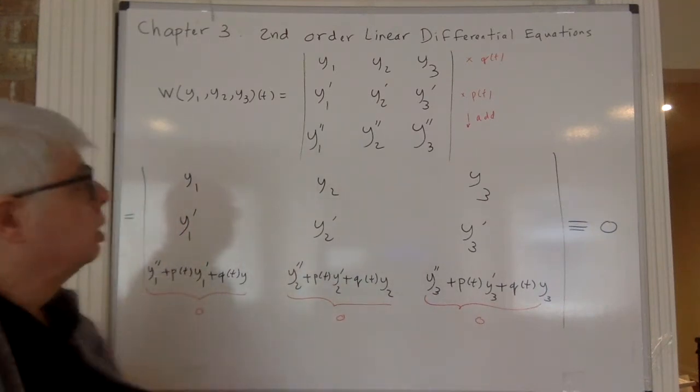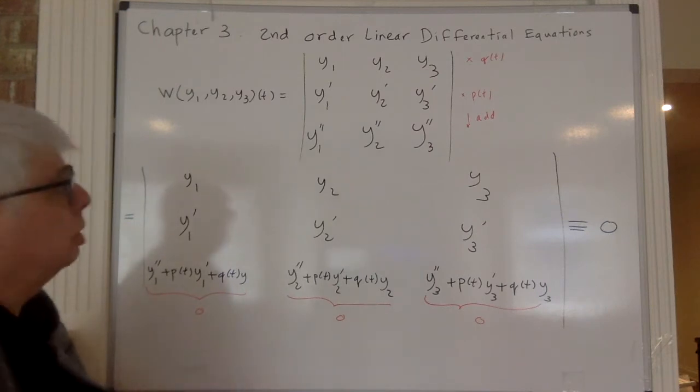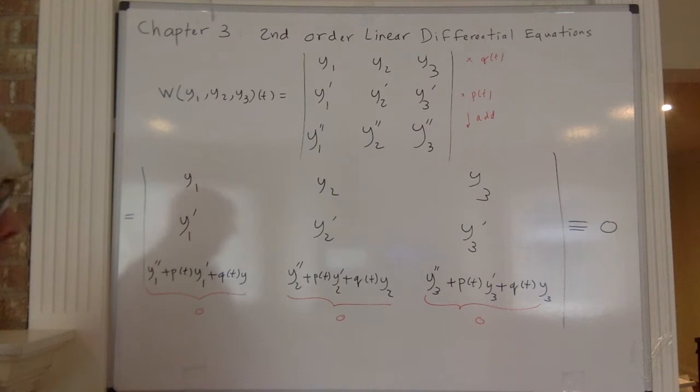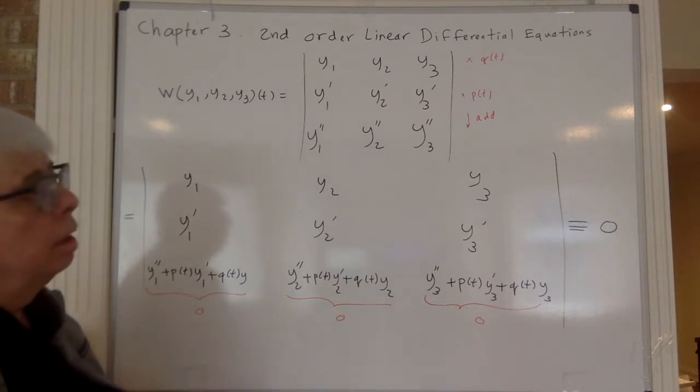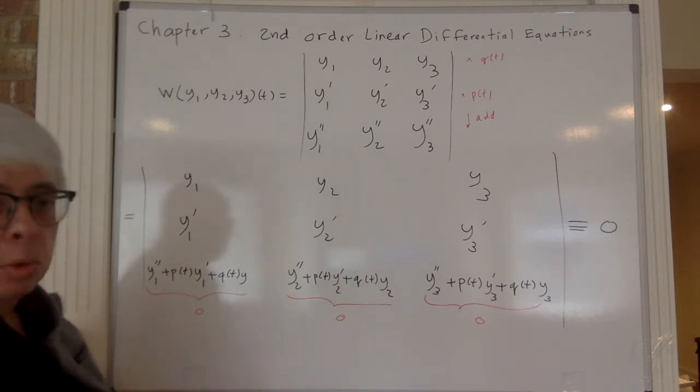Whatever. So it means that the solution space of this equation can't be three-dimensional, because we cannot find three linearly independent vectors or functions that satisfy this equation. So it should be either one-dimensional or two-dimensional.